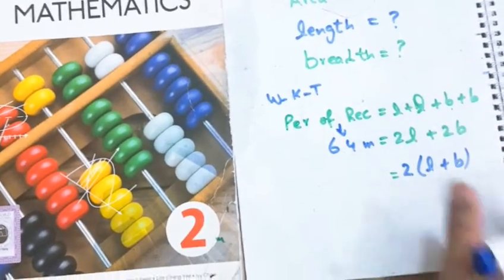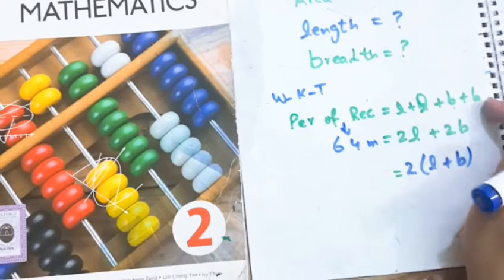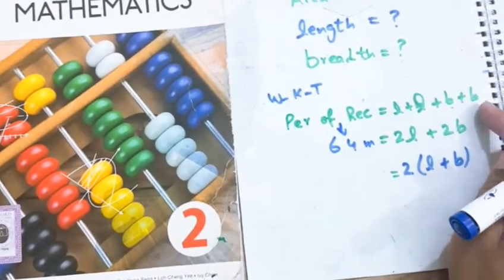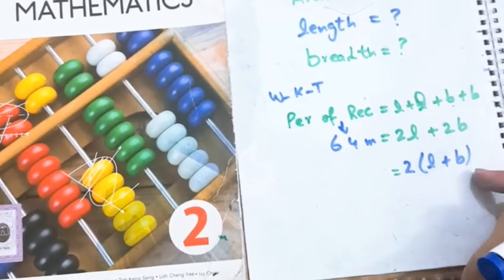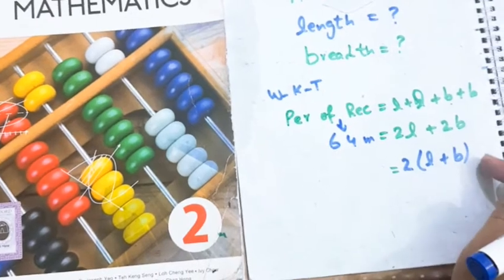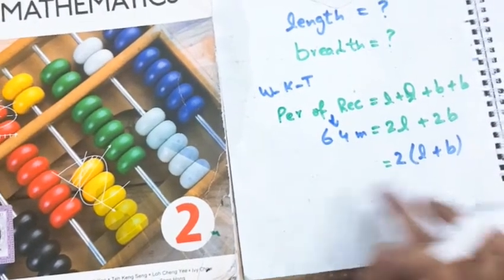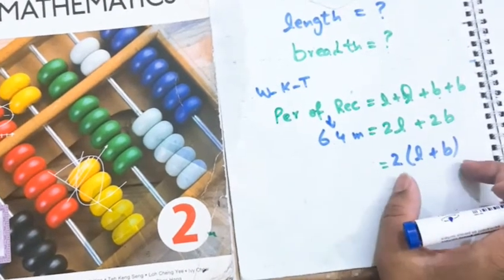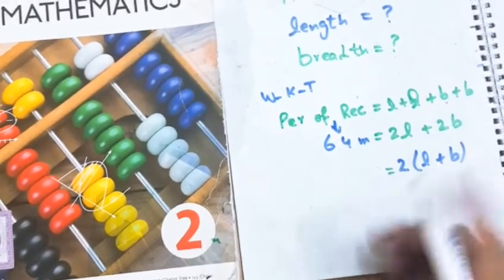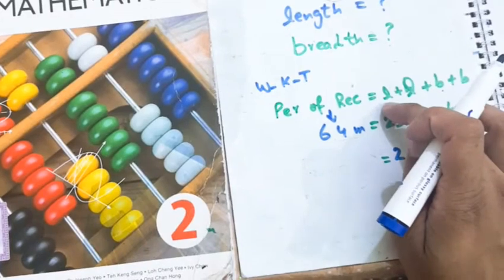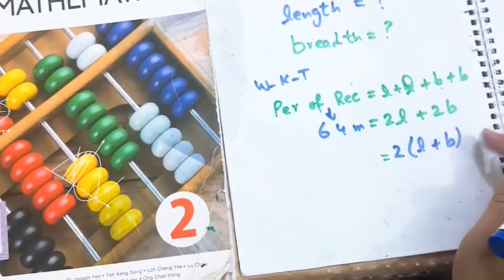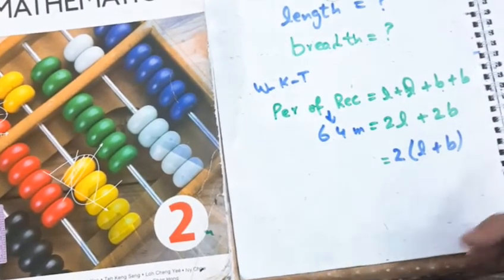These are three different looks of the formula. According to our requirement I have changed it into this, because I don't have any length or breadth yet. I need to find them out.